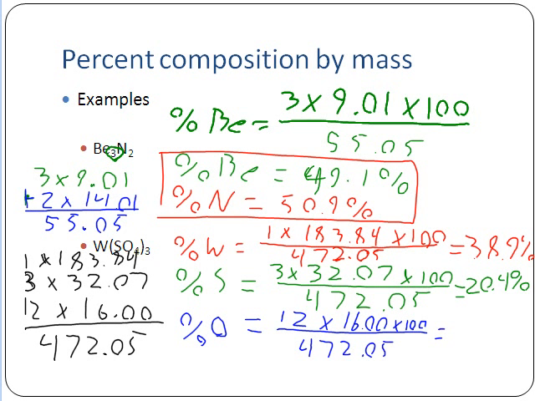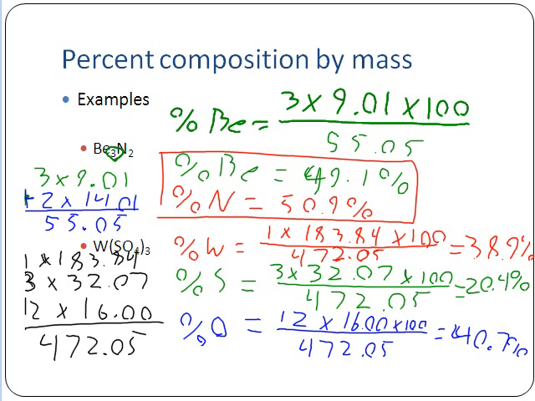We say 12 times 16 times 100, and then divide that by 472.05. And so when we do that, we get 40.67. That would just be 40.7.